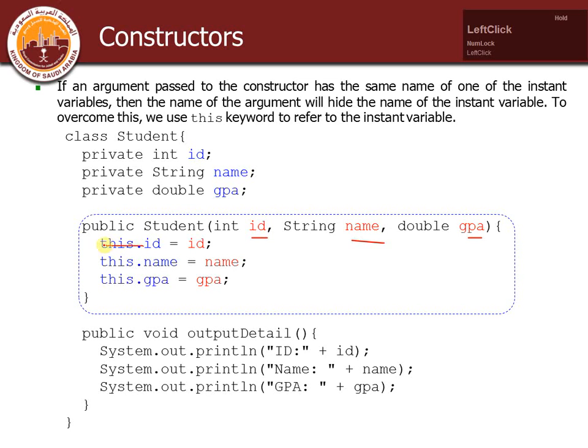If I don't use this, then there's maybe an ambiguity for us, but for the compiler it's quite clear. What I'm doing, I'm taking this ID, whatever is inside of it, and I'm putting it inside of the same ID, the same red ID, this one, the parameter one.